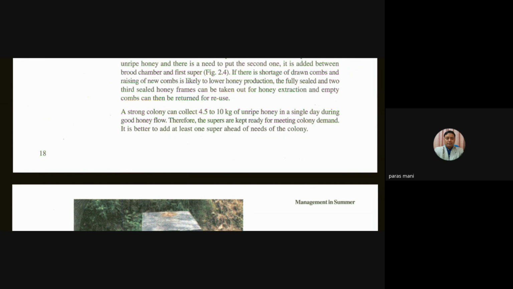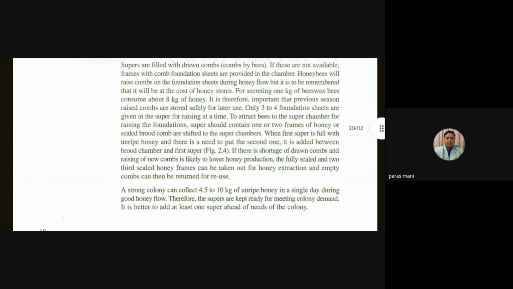That is, bee numbers, population must be very high, and we should have a very good flower source, and the colony must be kept very near to the flower source. If the flower source is far, the collection rate will be reduced.